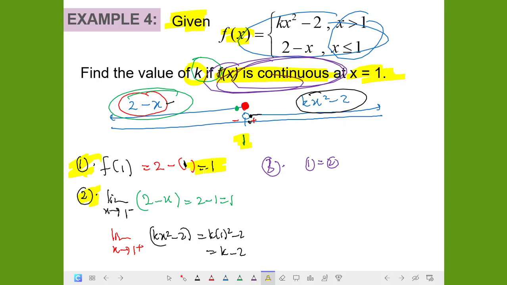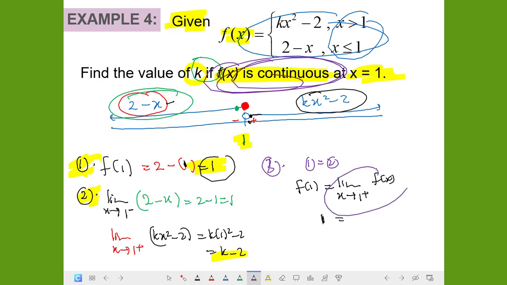So take this one equal to this one: the limit of f of 1 is equal to the limit of f(x) as x approaches 1 from the right. f of 1 is equal to 1, and from the right, it is k minus 2. Therefore, k is equal to 3.